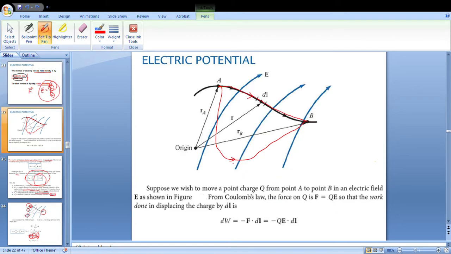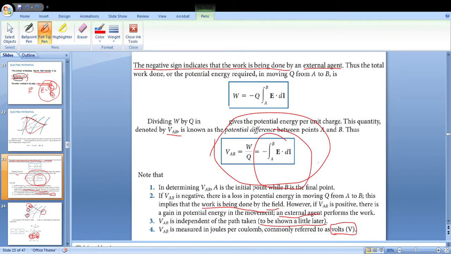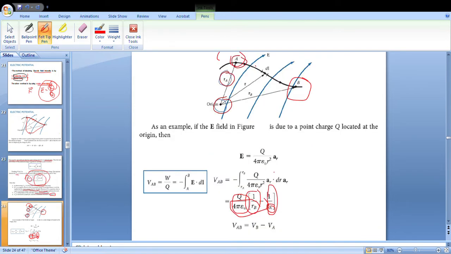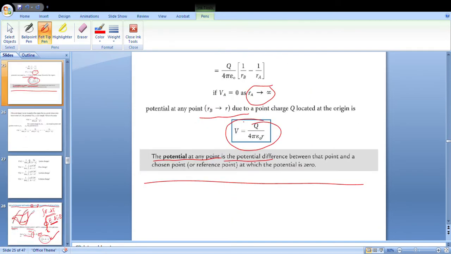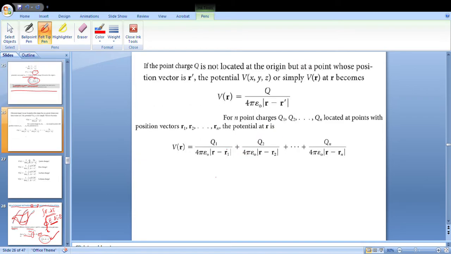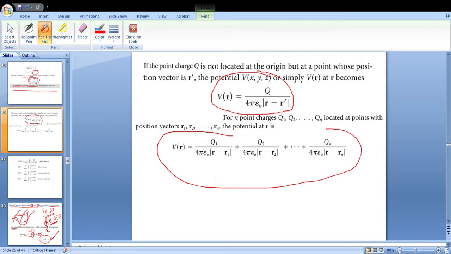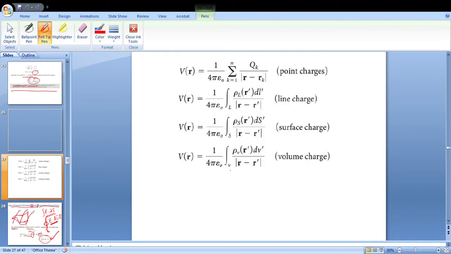And then we started with this derivation and we obtained the equation for potential difference VAB, which is nothing but minus integral of A to B E vector dot dl vector. And then we came to the potential V is equal to Q divided by 4 pi epsilon naught R. If the charge Q is not at the origin, then these are the formulas. And if there are multiple charges which are not at the origin, you have to use this formula. We have seen the explanation for this.